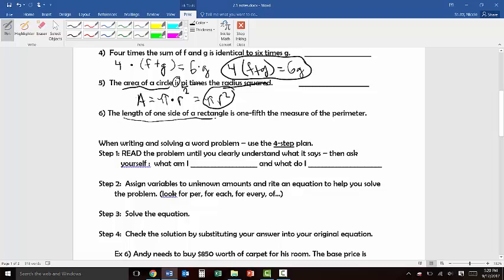Number 6 is from a challenge perimeter problem. It says the length of a rectangle side, which we don't know because it didn't say what the dimensions of the rectangle were, is, so equals 1/5 the measure of the perimeter, so "of" meaning times, and then I don't know the perimeter, so we'll just use a variable, usually p for perimeter.